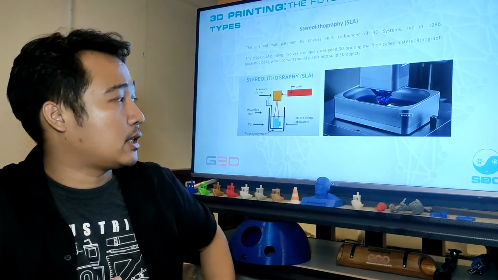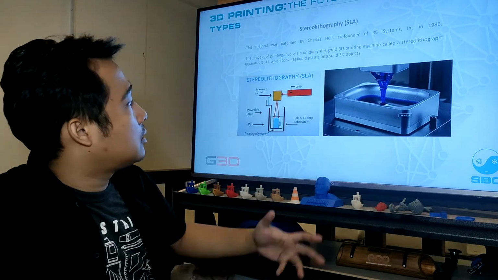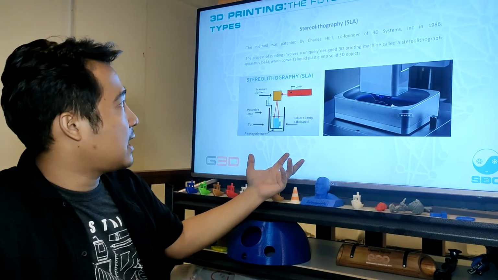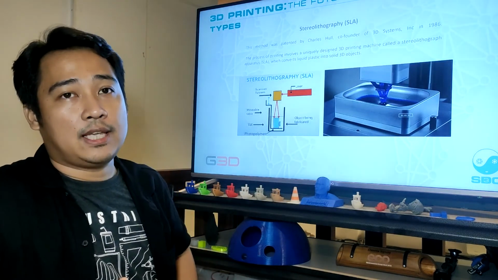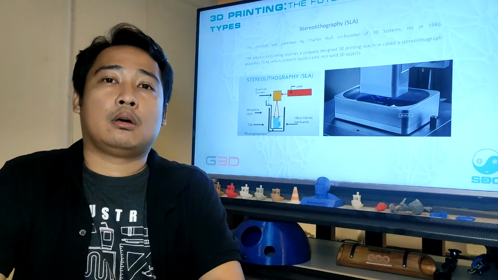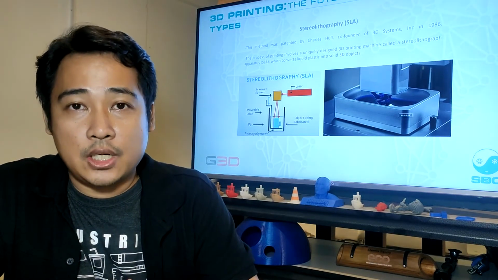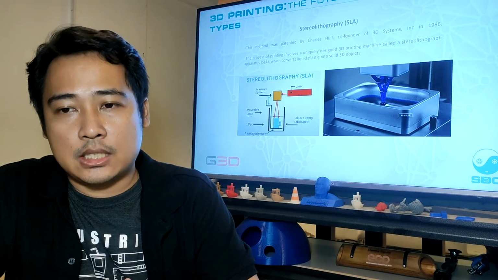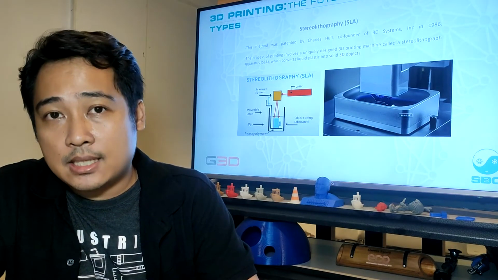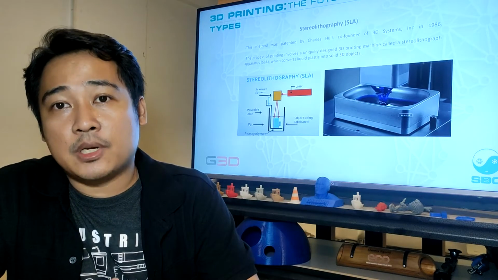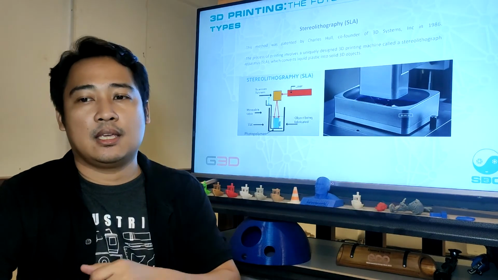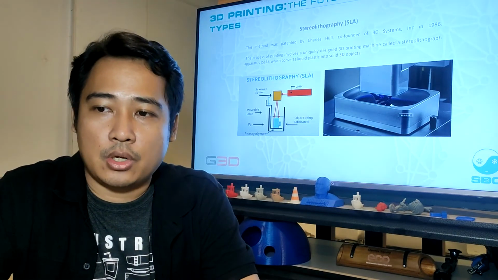The next slide is the types of 3D printer. So this, as you've seen earlier, the SLA or stereolithography 3D printer was patented by Charles Hall, the co-founder of 3D Systems in 1986. The process of printing involves a uniquely designed 3D printing machine called a stereolithography apparatus or SLA, which converts liquid plastic into solid objects.